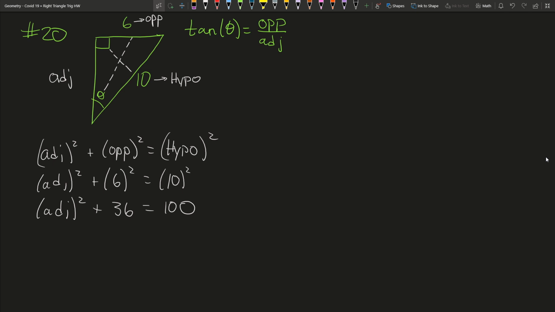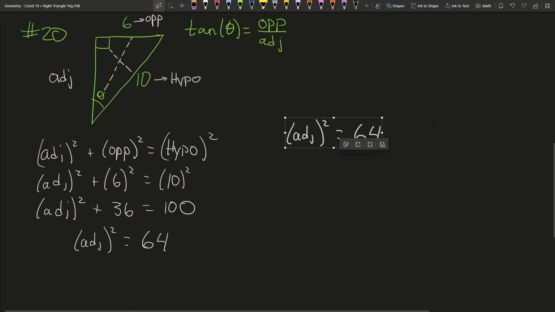Once we have this equation with the left-hand side and then 100 on the right-hand side, we have to subtract 36 from both. Before I simplify this part, are there any questions on how I got anything so far?